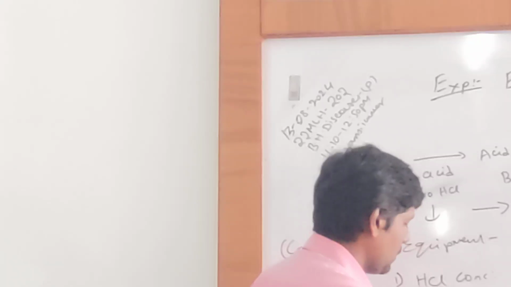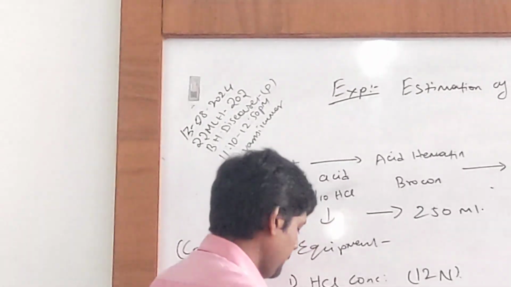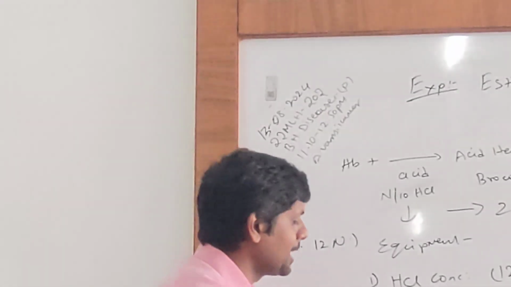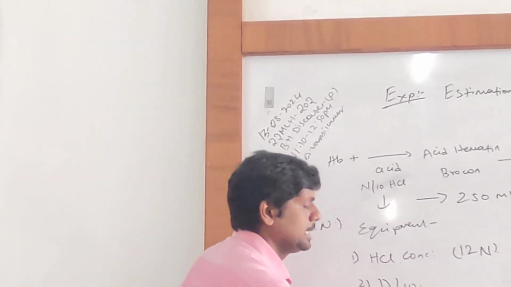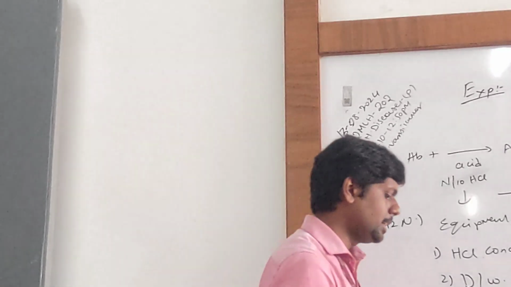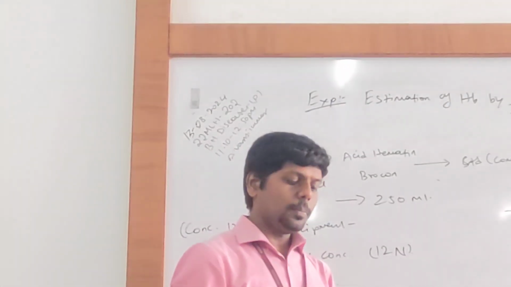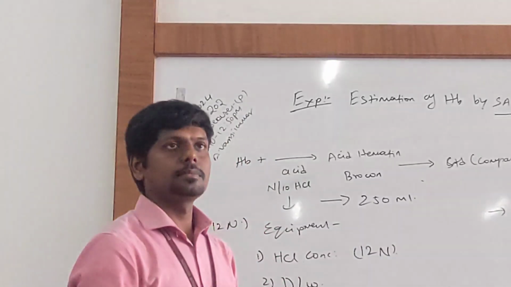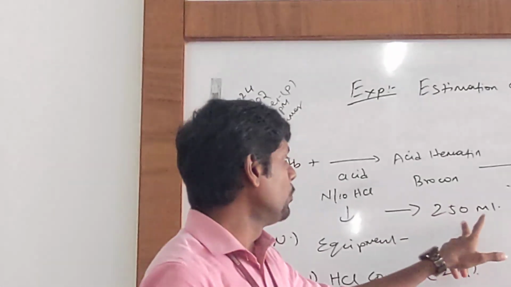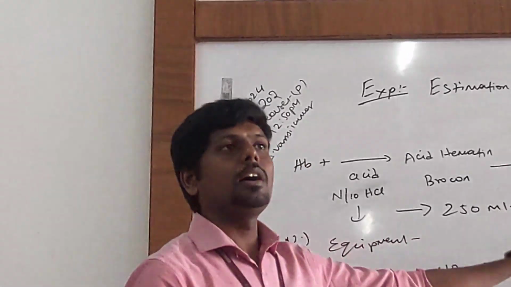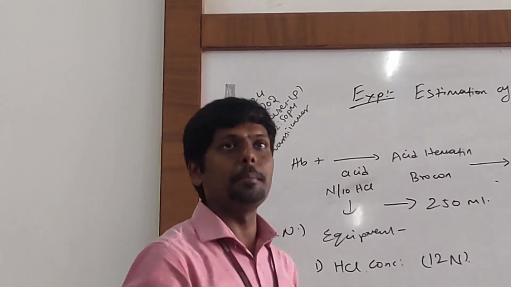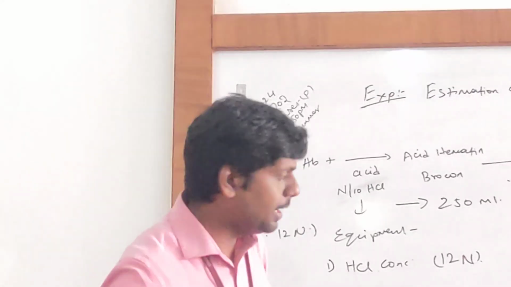Then a pipette. Then last and final but most important, your personal protective equipment. I hope you already know what you have there, right? So, how to calculate how much HCl we need to take for getting 250 ml of 0.1 normal HCl, N by 10 HCl?